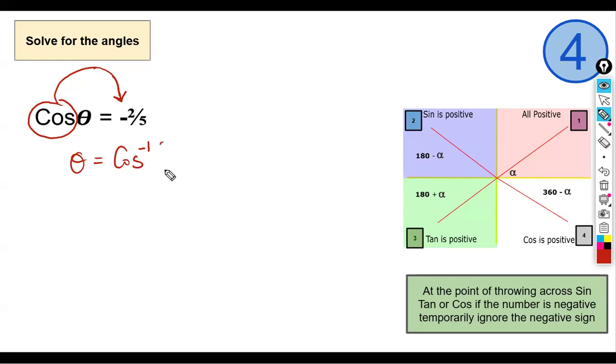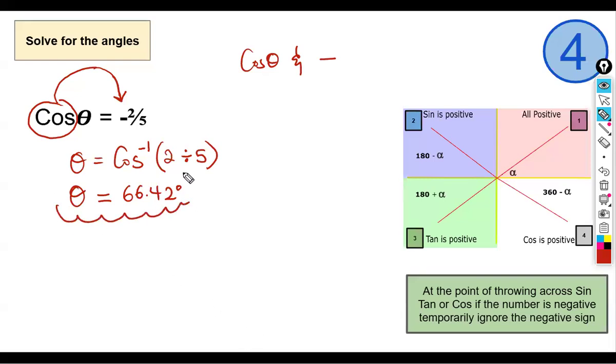and it's just 2/5. Now I'm going to type it in on my calculator like this, for those who can use the fraction buttons, but fine, no problem. So I'm ignoring the negative sign. So cos inverse 0.4 or 2/5, I'm getting 66.42. But remember, in reality, this is a cosine and it's a negative question.